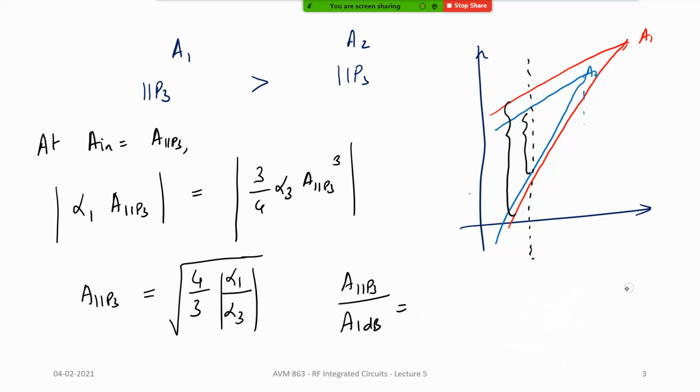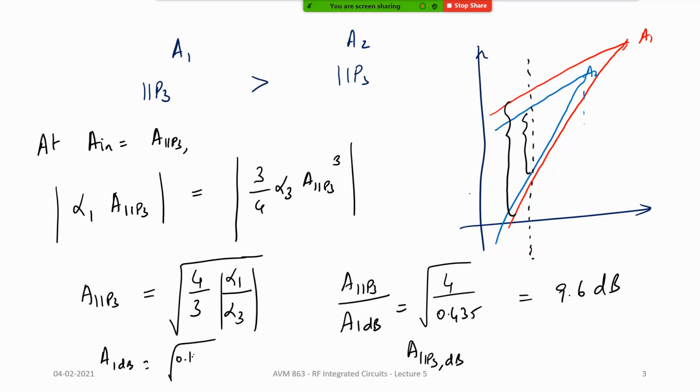You will see that it becomes 4 divided by 0.435, which, if you take the 20 log, is approximately 9.6 dB. You look at the equation for the 1 dB compression point. I think A_1dB is root of 0.145, same alpha 1 by alpha 3.